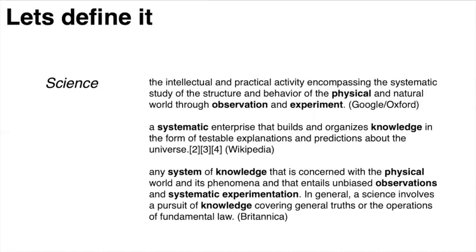And finally, if you go to another encyclopedia, let's say Britannica, you see this definition: science is any system of knowledge that is concerned with the physical world and its phenomena, and that entails unbiased observations and systematic experimentation. In general, a science involves a pursuit of knowledge covering general truths or the operations of fundamental law.